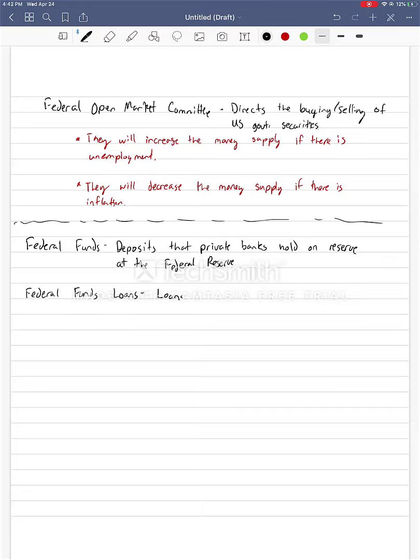Once again, these are going to be loans from a bank's reserves to other banks. Now, these are typically going to be very short-term loans, so a lot of times they're just overnight loans. And they allow banks to make quick adjustments to their balance sheets.